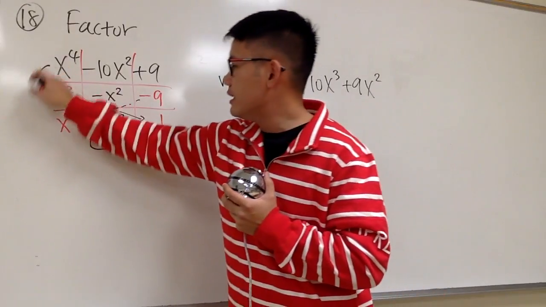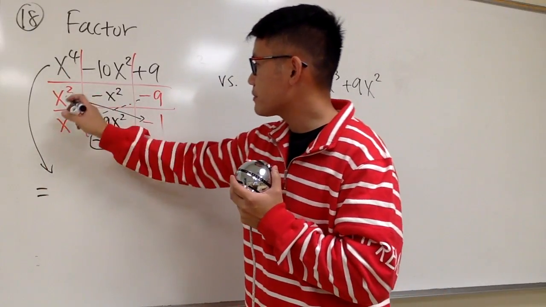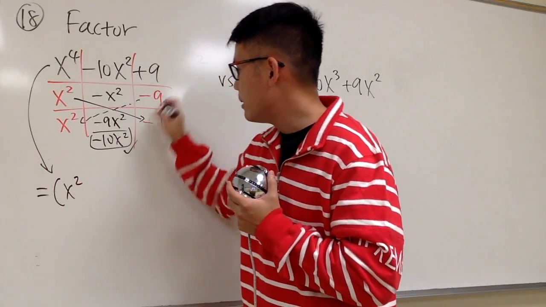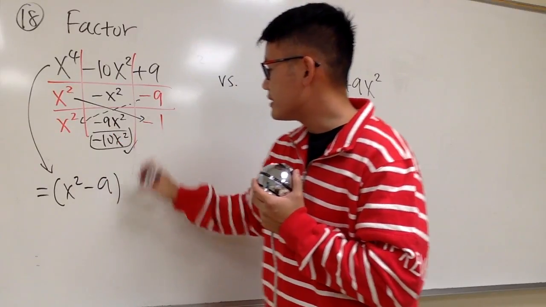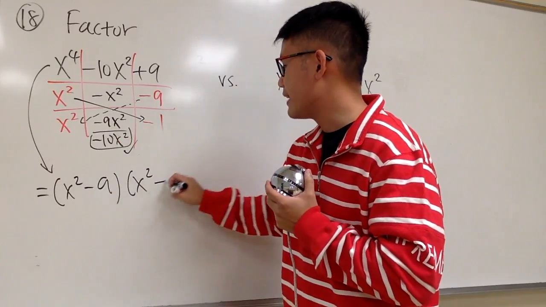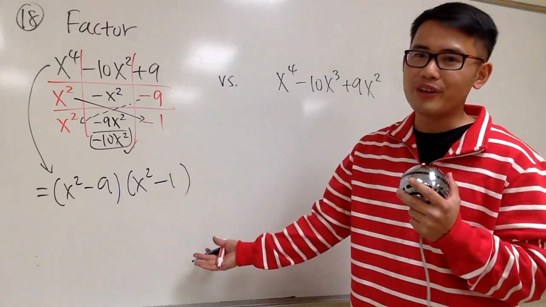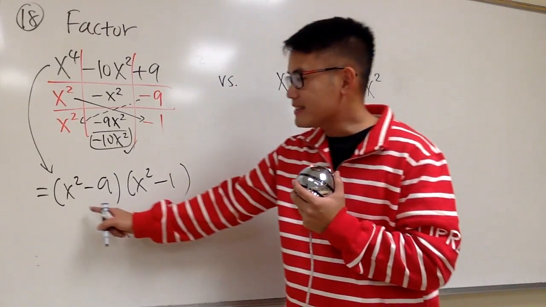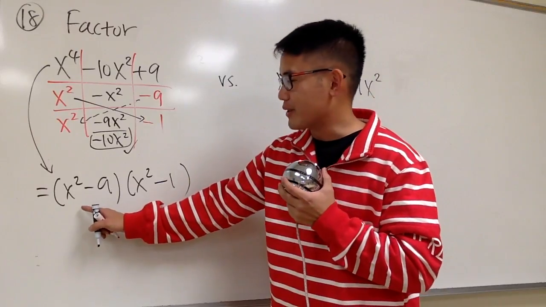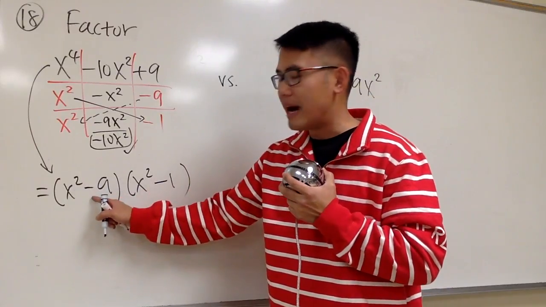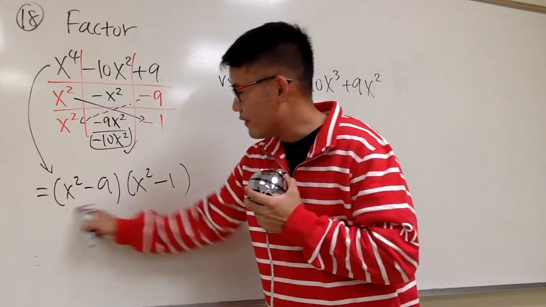And you see, this is the same as x squared minus 9, and then this is x squared minus 1. Can we do anything more right here? Sure. And this time, I'm just going to write down the answer from here for you guys, okay? This is x squared minus 3 squared. So we can factor this out.